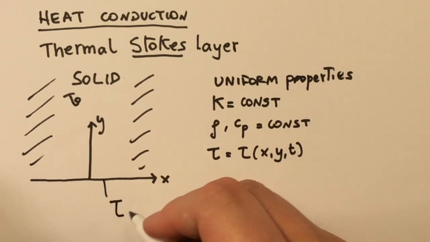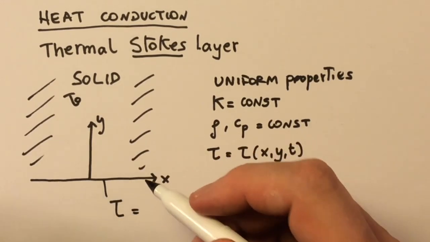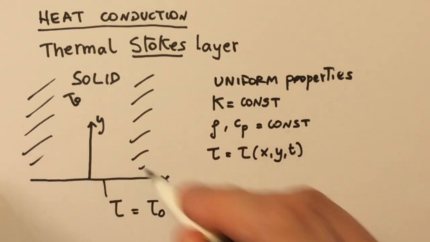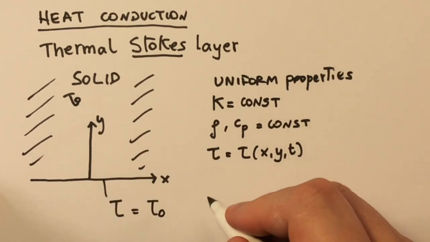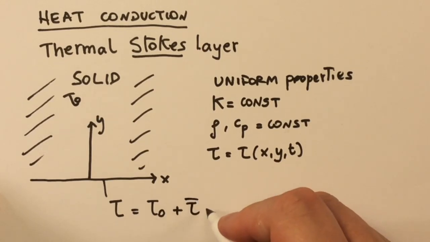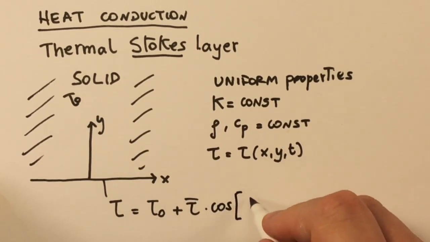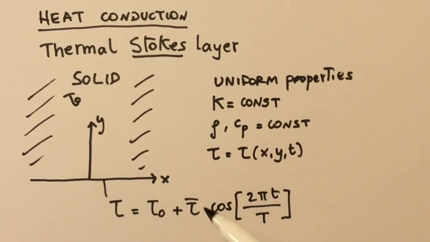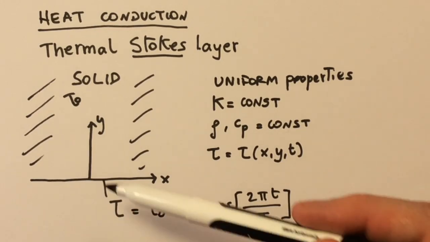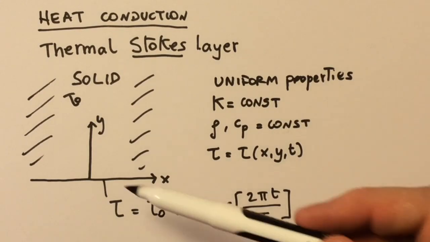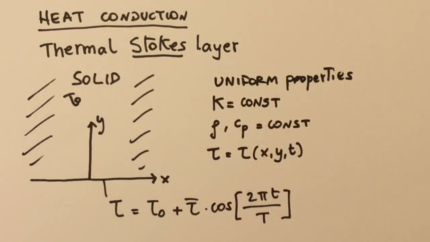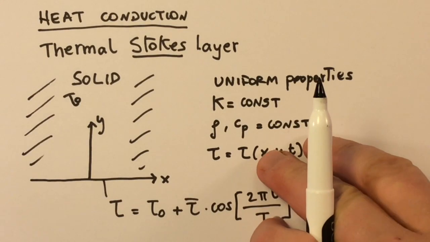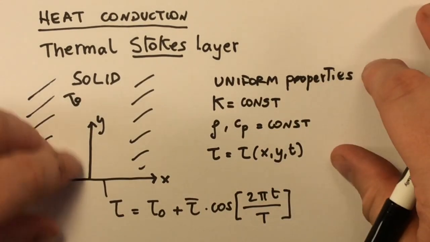So we have tau, the temperature, equal to tau 0, which is the mean temperature, plus tau tilde times cosine of 2 pi t divided by big T. So as the temperature of the surface oscillates sinusoidally, the objective is to find the temperature at any point inside this solid. Okay, so it's an unsteady 2D problem.